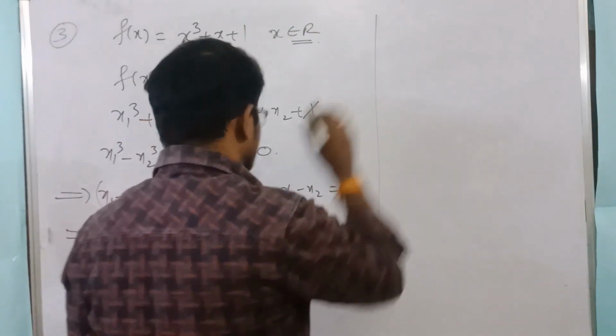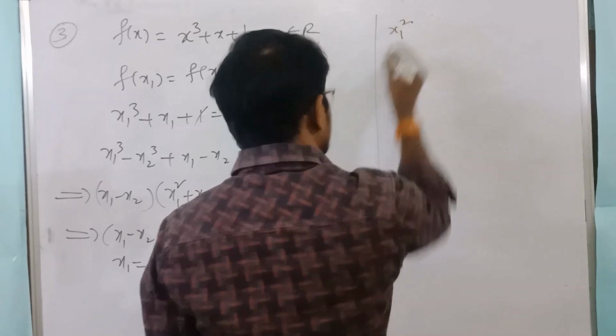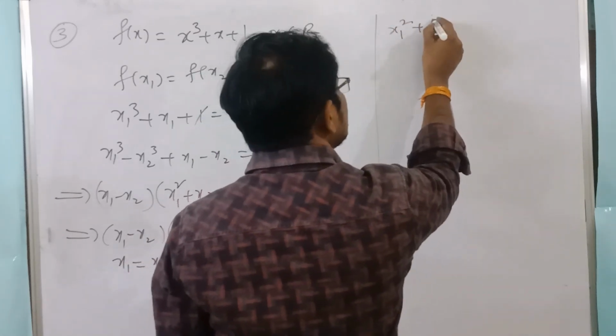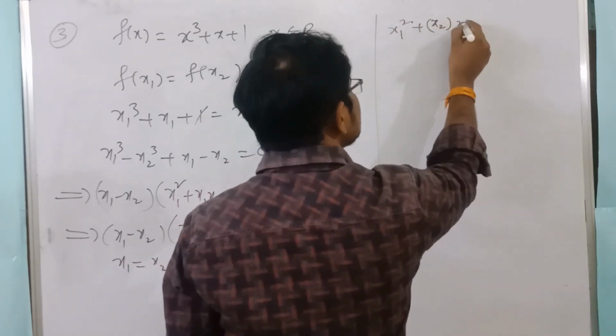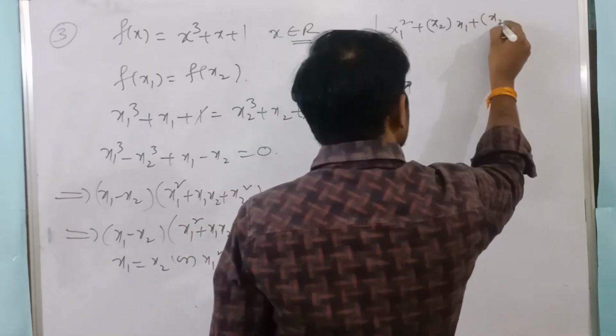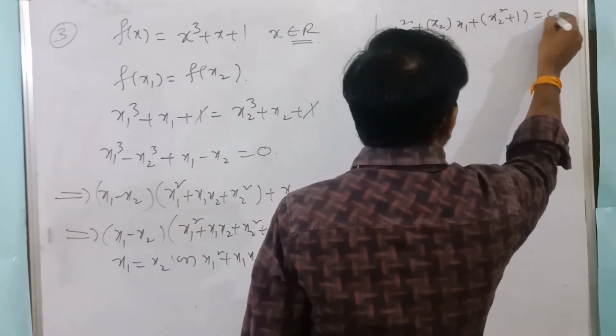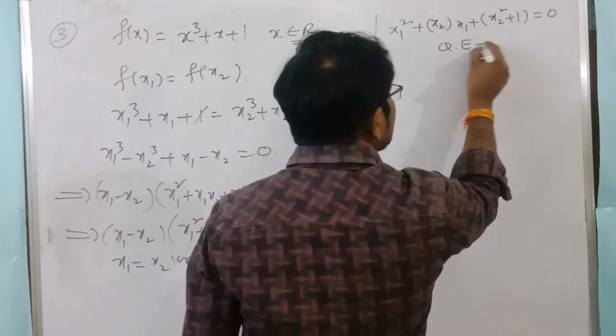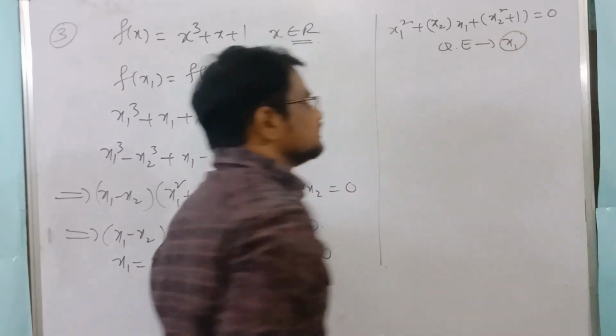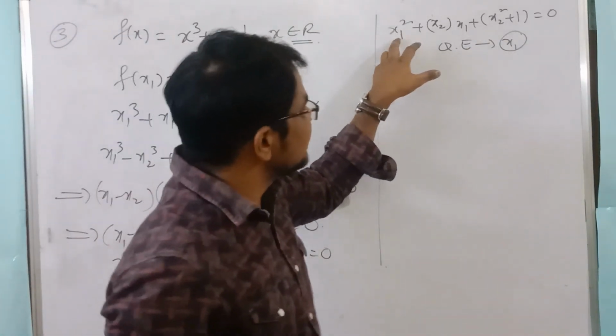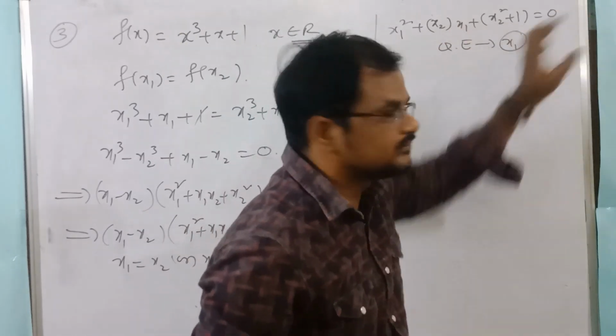Now for that you take this one, x1 square plus x2 into x1 plus x2 square plus 1 equal to 0. It is a quadratic equation in terms of x1, of the form ax square plus bx plus c.